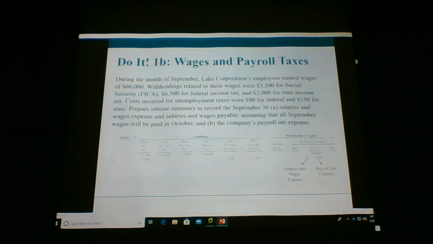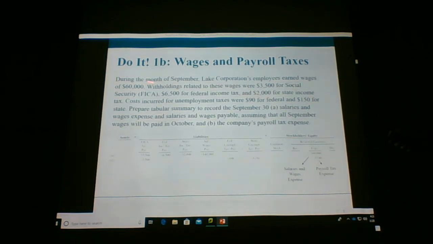We've just said, okay, this is $6,500 that the employee is not going to get, and this is $6,500 that the federal government is going to get. So we have an obligation to the federal government for this $6,500 here, but that does not actually increase our overall obligation in terms of dollars at all. Same thing is to be said for this $2,000.